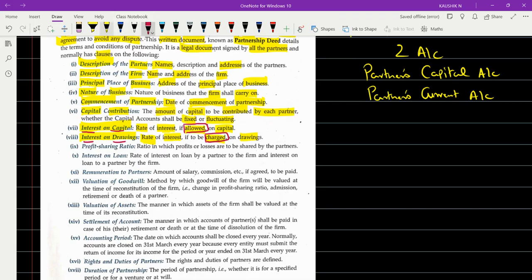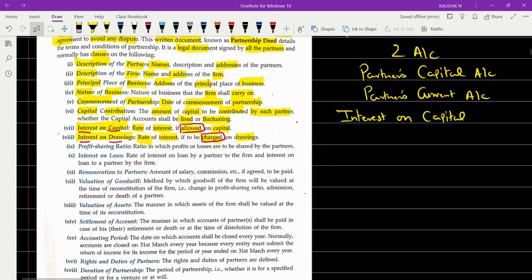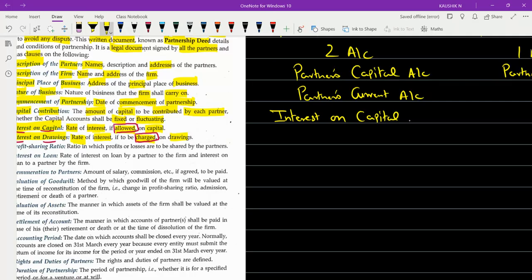So what does it mean? The two terms: one is interest on capital, which is mentioned as allowed, whereas the next one, interest on drawings, has been marked as charged.